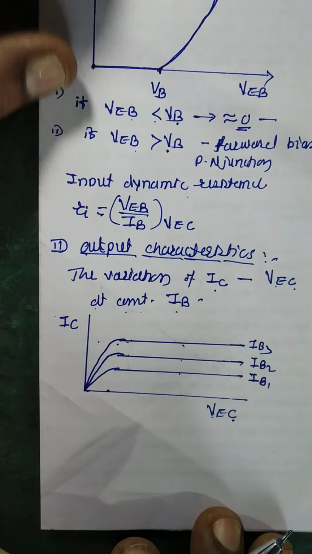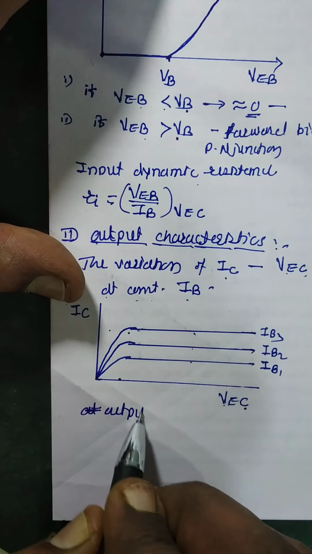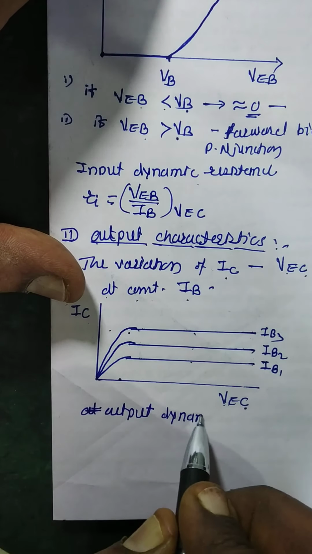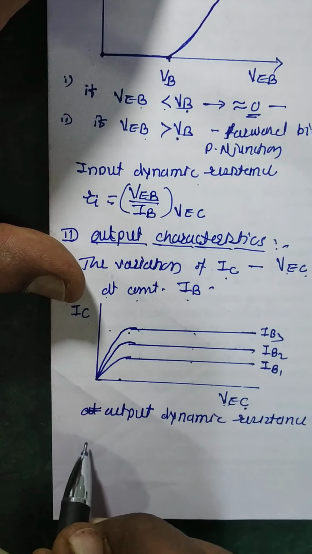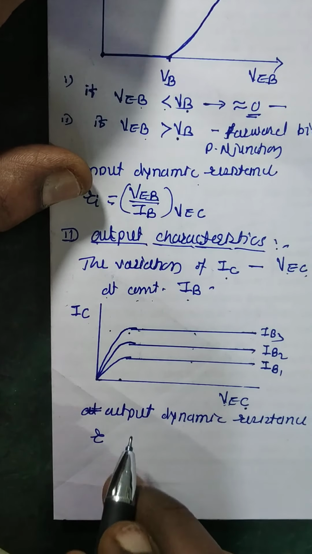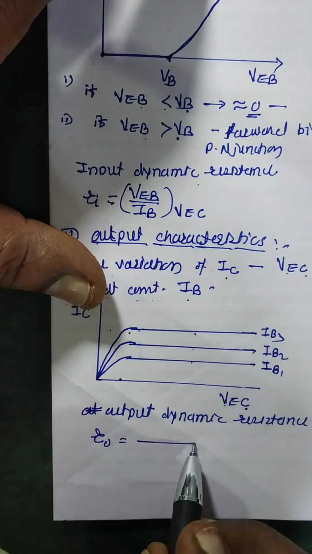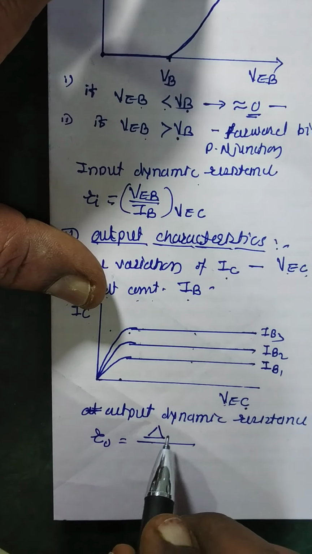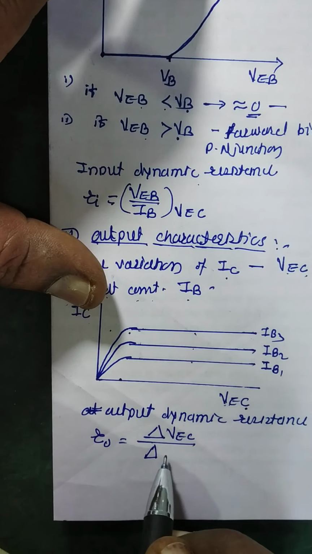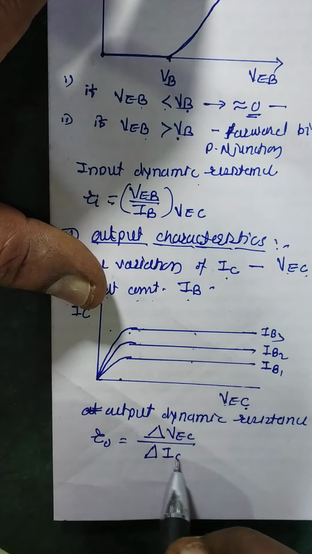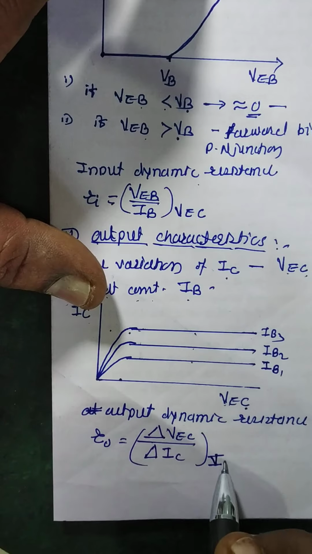Okay. Now output dynamic resistance. Output dynamic resistance, that is RO, the ratio of change in potential between emitter and collector to the change in collector current IC at constant base current IB.